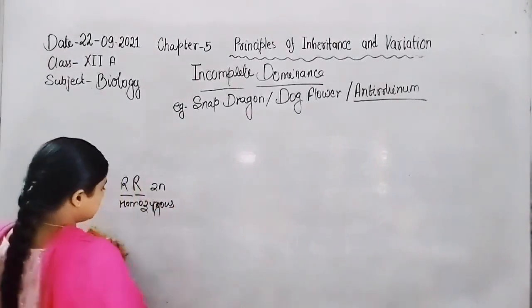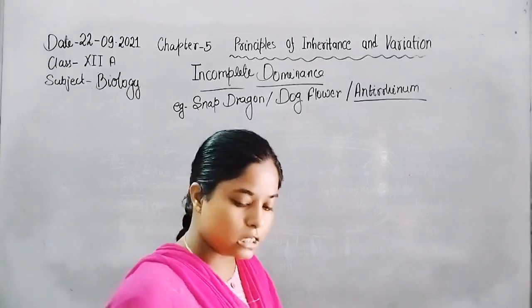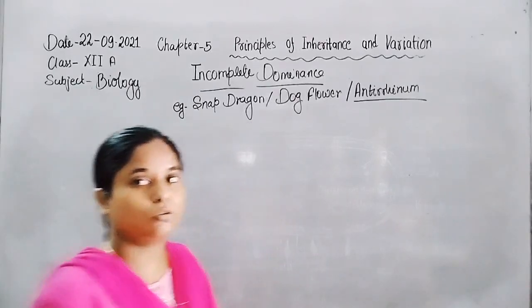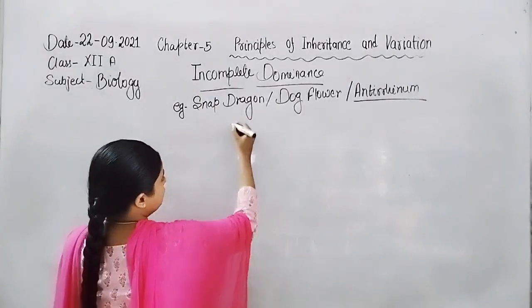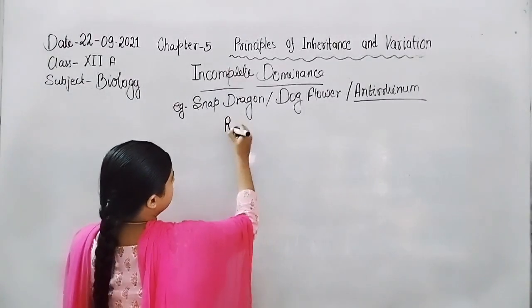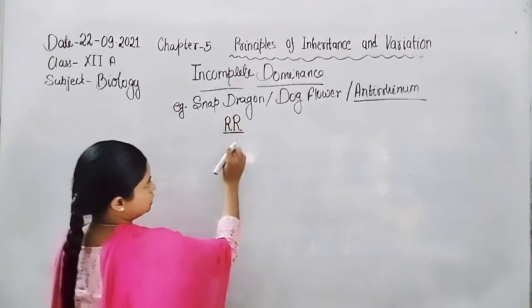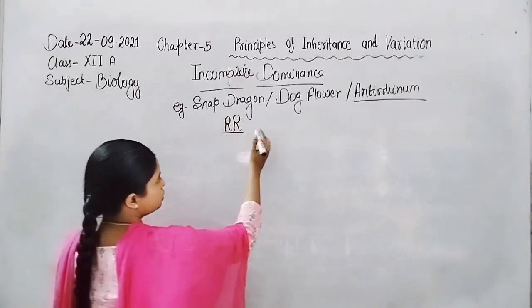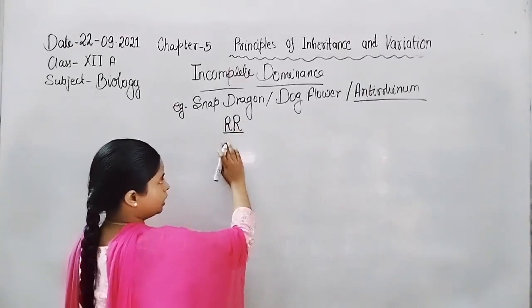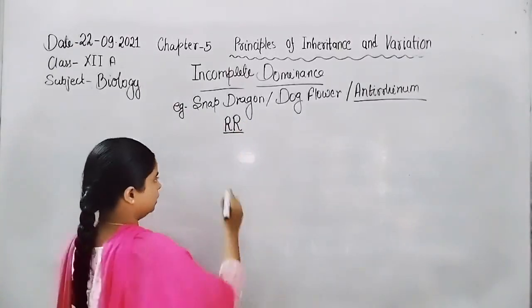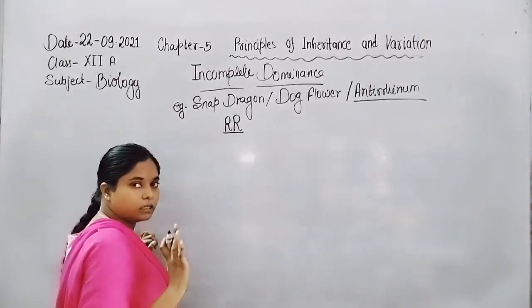So let us cross the dominant homozygous with the recessive homozygous. What will be the result after crossing these two plants? Here is the plant; we are going to take a symbol for the red color producing snapdragon flower, capital R capital R. Again, these are homozygous in condition.